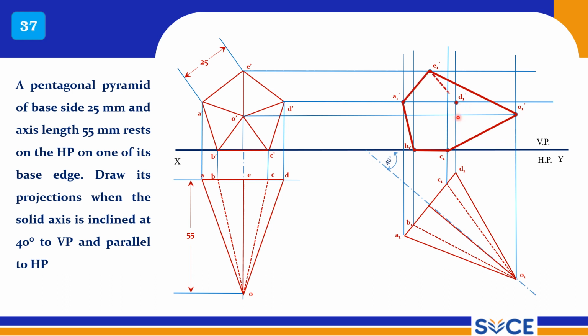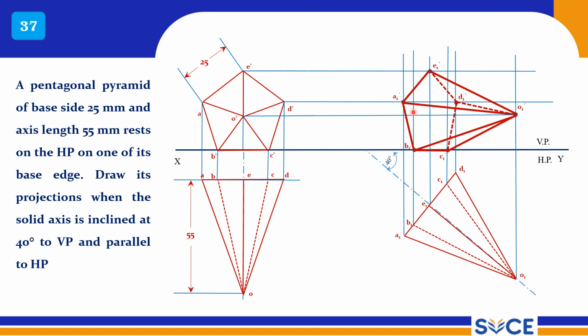D is connected to C, and D is connected to E. They are invisible edges. Now this is a visible edge. All base points should be connected to the apex.